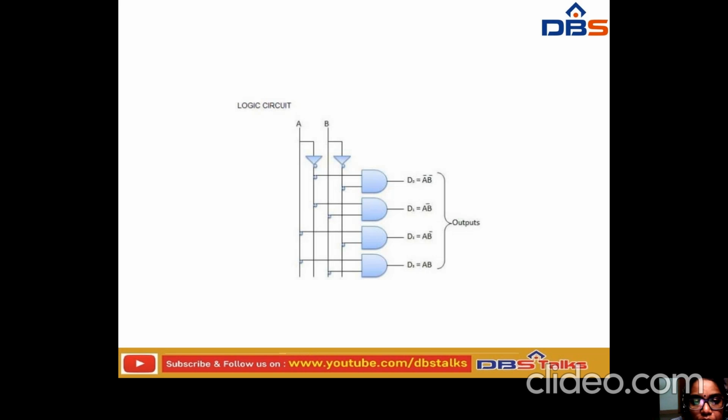See, if you have taken A, B, then A bar B bar, A bar B, A B bar, A B. These are the possible number of outputs that we'll get. So from this we can say that this is the logical circuit of the decoder. Okay, go for the next slide.